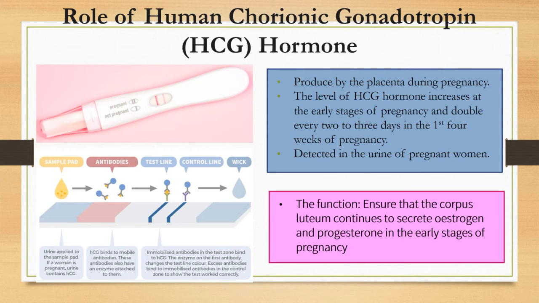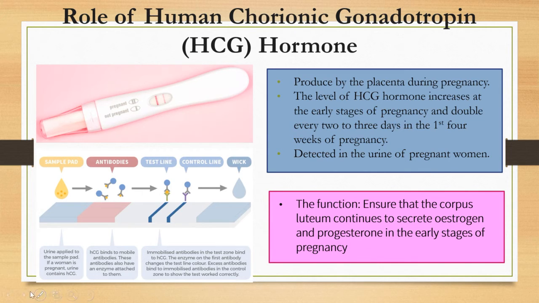So that Graafian follicle turns into the corpus luteum. The HCG will ensure the corpus luteum continues to secrete estrogen and progesterone in the early stages of pregnancy. So that is the function of the HCG.